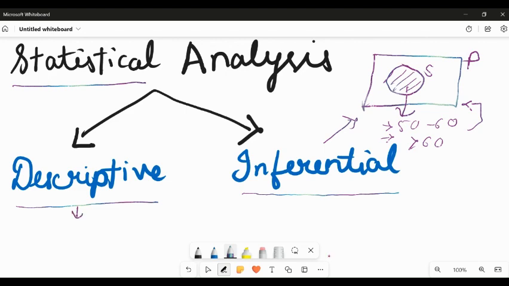I can give an example: central tendency is one of them. There we are not collecting sample data and population data. We are just organizing and summarizing the data by using mean, median, and mode.